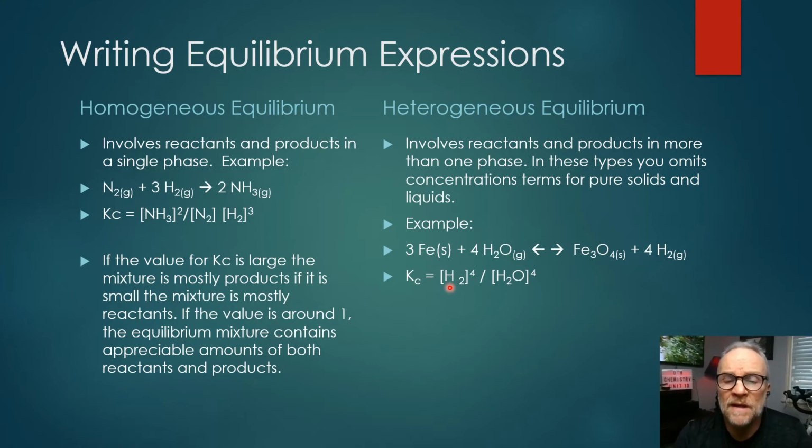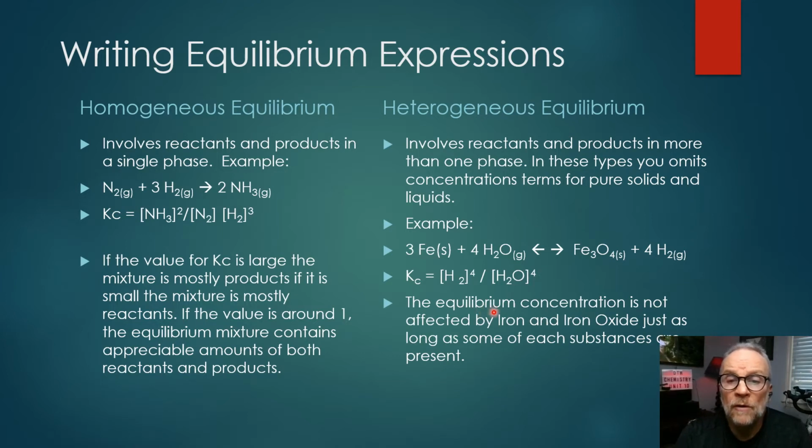So here our Kc value is the concentration of our product hydrogen raised to the 4th, over the concentration of water raised to the 4th power. The equilibrium concentration is not affected by iron and iron oxide just as long as some of each is present during this reaction.